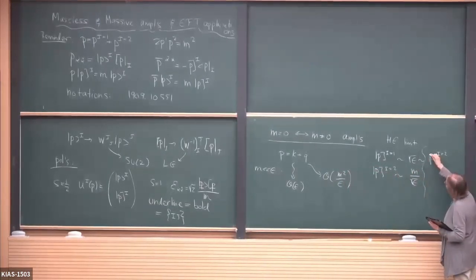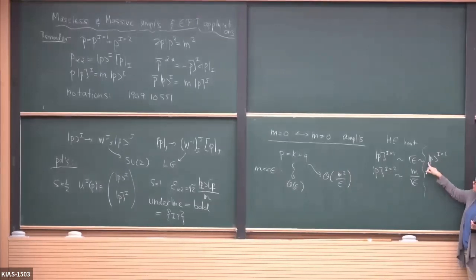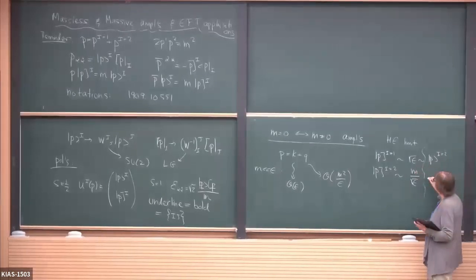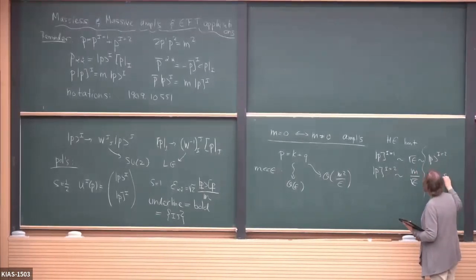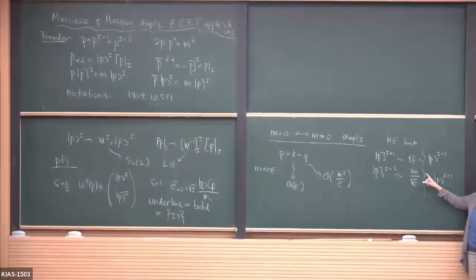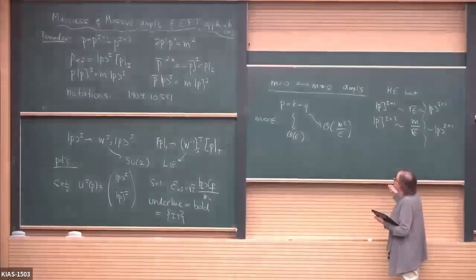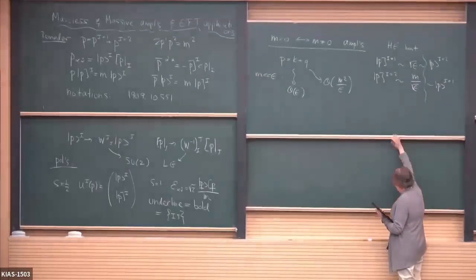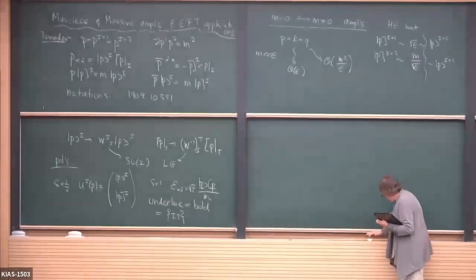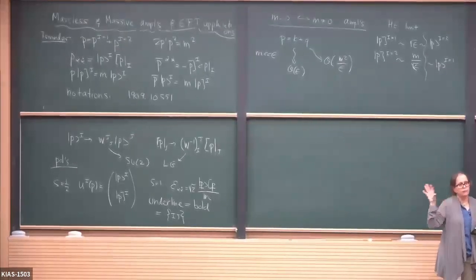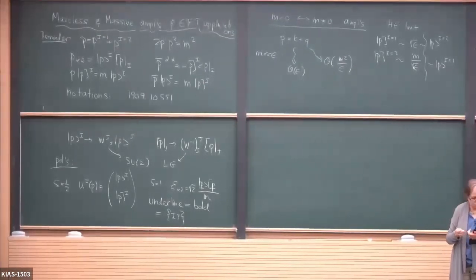Okay, so for the angle spinors, it's the other way around. This one is going to be square root of E, and this one is going to be order m. So what this tells you is that if we look at our amplitude, which is some tensor in little group space, only some elements of this tensor survive in the high energy limit.